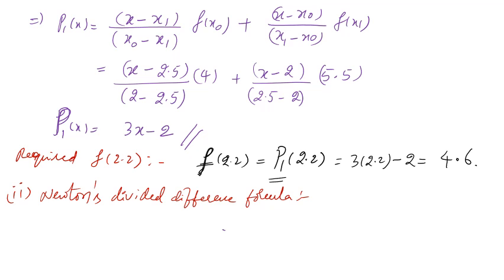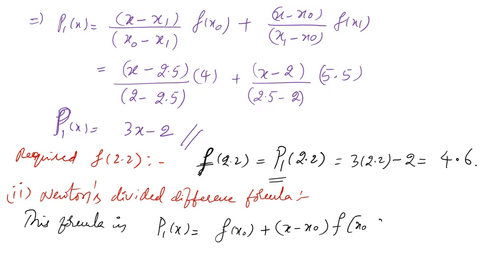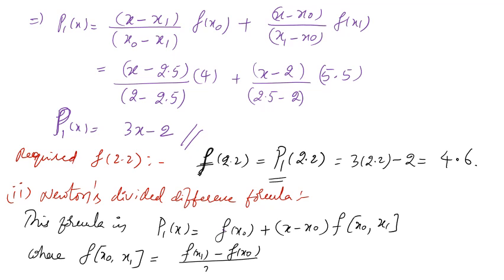P1(x) equals f(x0) plus (x minus x0) into the first divided difference f[x0, x1], where the first divided difference formula is f[x0, x1] equals (f(x1) minus f(x0)) by (x1 minus x0). f(x1) is 5.5, f(x0) is 4, and the denominator is 2.5 minus 2. So the first divided difference value is 3.